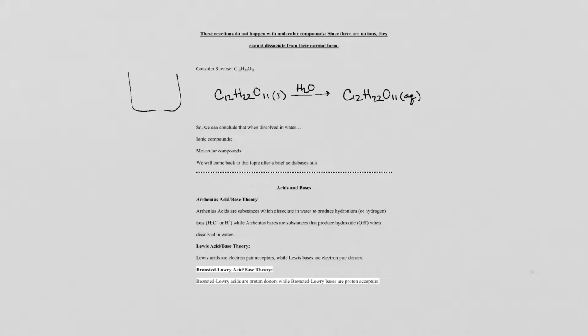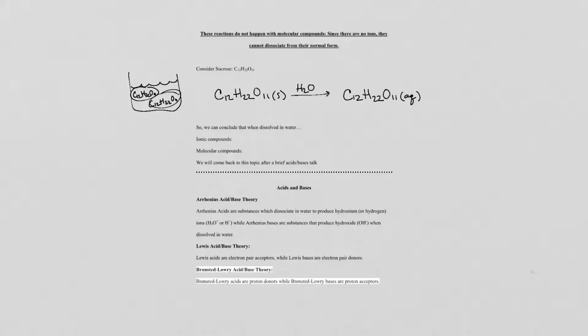And if we drew a little beaker of this, we just have little C12H22O11s floating around. Didn't mean to not include the carbon. Stuff like that, so it's not going to break into ions.